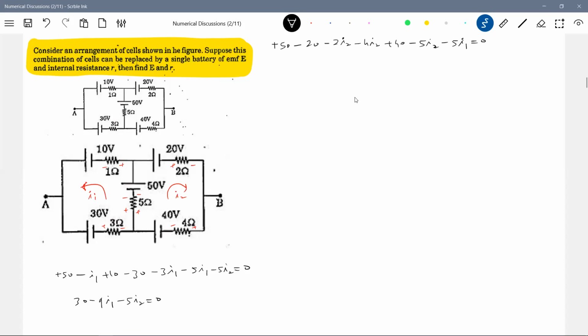So 50 minus 20, 90, this will be 70. 2, 4, 6, 11, minus 5I1 plus 11I2 equal to 0. Solving 1 and 2, I'll get I1 and I2. If you can give me I1, I2, I'll go for the next part of the problem.